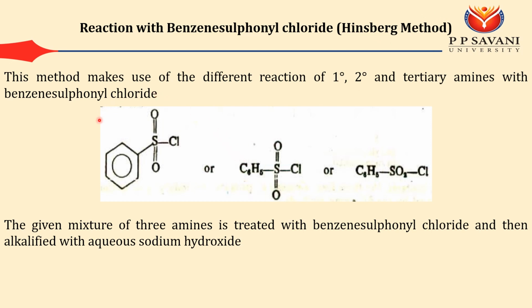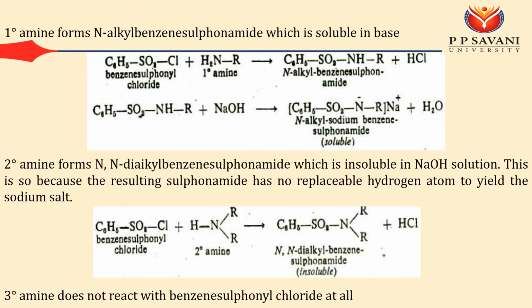For this you have to take benzene sulfonyl chloride. You can write the structure either way. Suppose you have a primary amine and you react it with benzene sulfonyl chloride, then HCl is removed and you get an alkyl benzene sulfonamide.